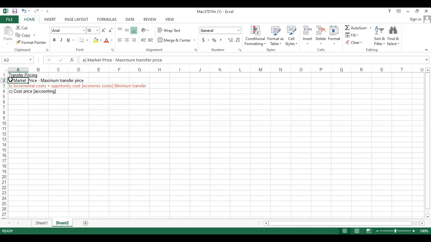It must be the market price, because you don't want to buy something at a price that's higher than the market price. But again, for practical purposes, consider the example that I gave for taxation purposes. Sometimes tax could be cheaper where division A is, and then more expensive where division B is.